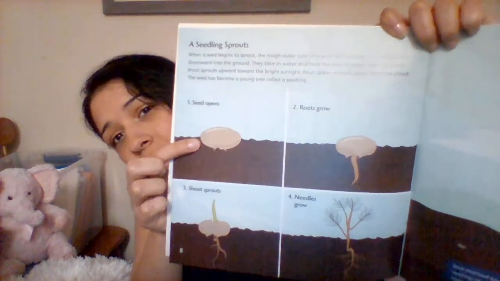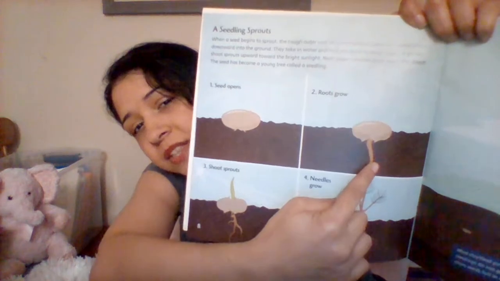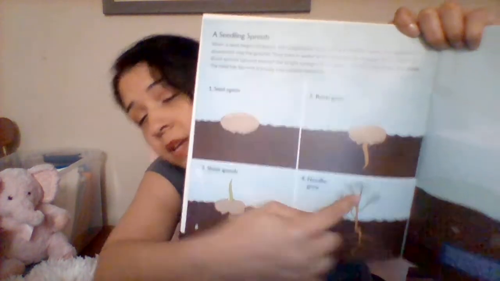So we start off with the seed, and it breaks open so that the roots can start growing down into the ground. And the roots serve two purposes. One is to help the plant get water, because just like you and me, plants need water. And two, the roots help hold the tree in place.